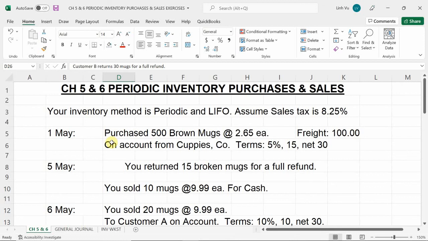If I'm making a payment on May 30th, which is the end of the month, which is when the actual bill is due, because on May 1st they gave me 30 days to pay, which means it's due on June 1st, because there's only 30 days in May. Actually, there's 31 days in May. So in this case, it's due on the 31st of May, which is fine. But did I make my discount due date?